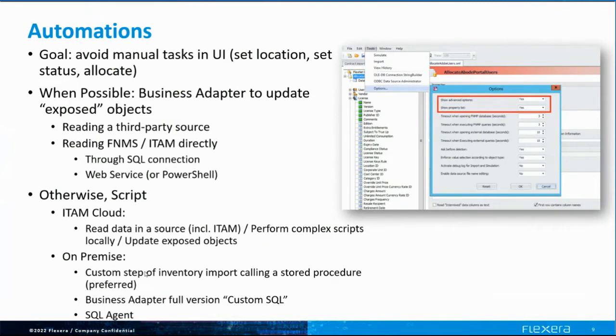So it means that you can perform a step which will be in the right sequence, and the action you do here will not conflict with the most risky process in terms of locking records and so on, which is the inventory import, because it will be integrated as a step in the inventory import. So hopefully I'm not losing you, but there are many ways of doing automations.